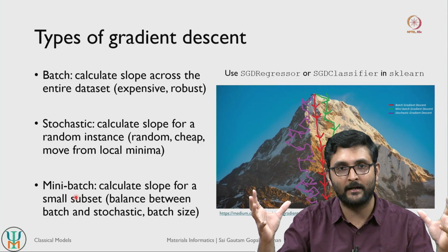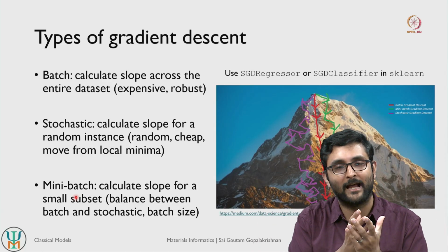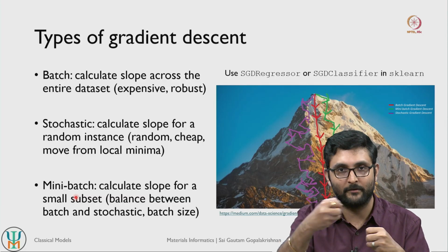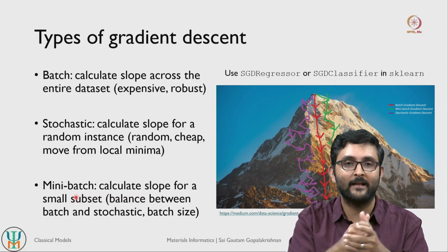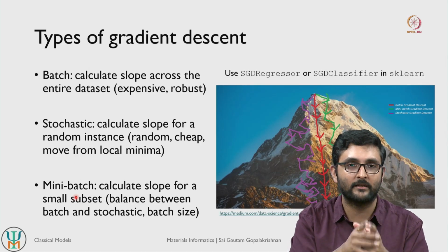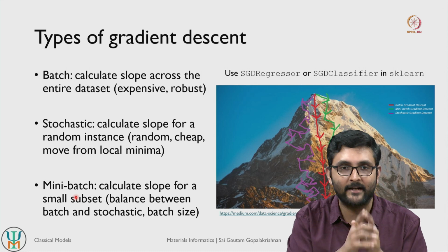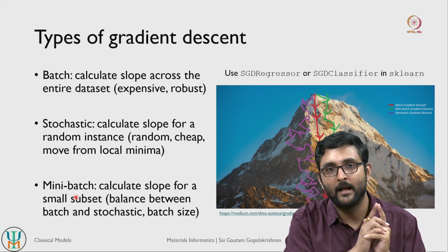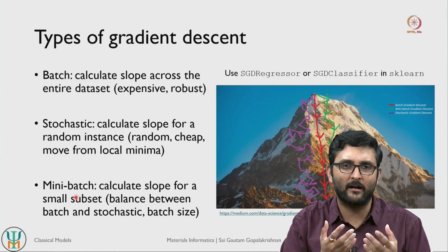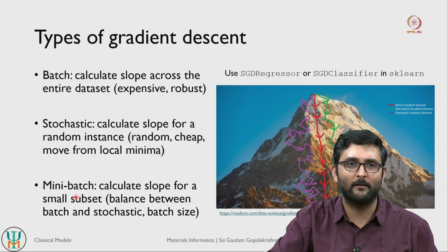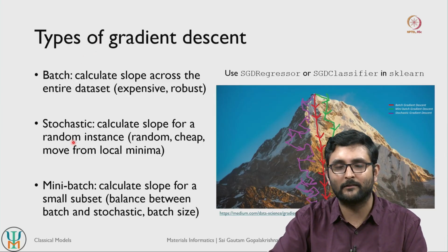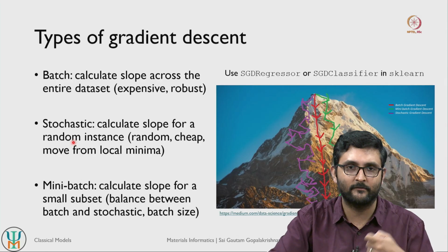Let's say out of 100 data points, you calculate the slope for only 20 of those data points at any given learning step, and then you use those calculations over those 20 data points to determine the direction of your steepest descent, and then you keep moving your model along that direction. So mini batch offers a balance between batch, which can be very expensive to calculate, and stochastic, which can be cheap to calculate but can also cause some oscillations within your model.